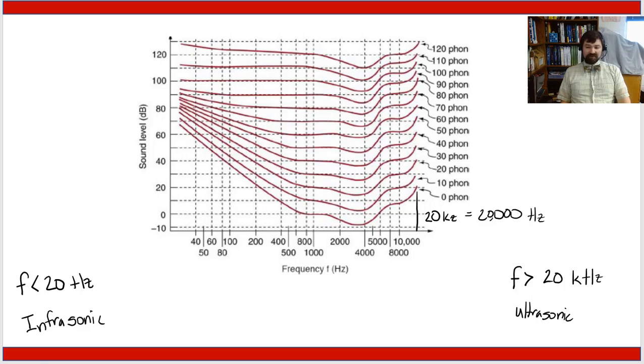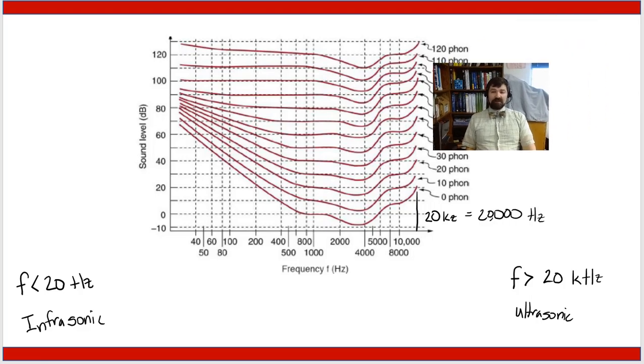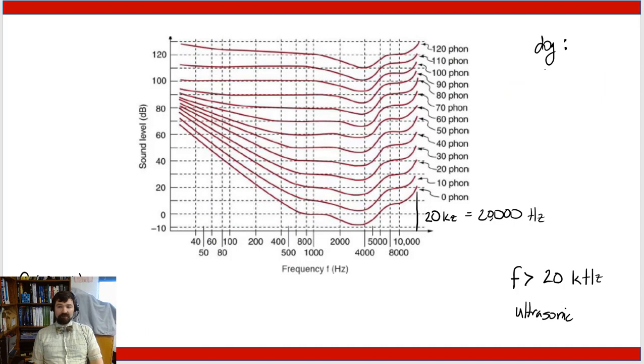For example, I believe for a dog, the upper threshold is something like 45 kilohertz, so 45,000 hertz, compared to our 20,000. And a bat, I think, can go to something like 100 kilohertz, so 5 times higher than our upper limit.